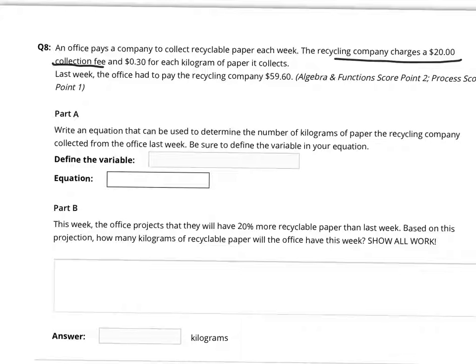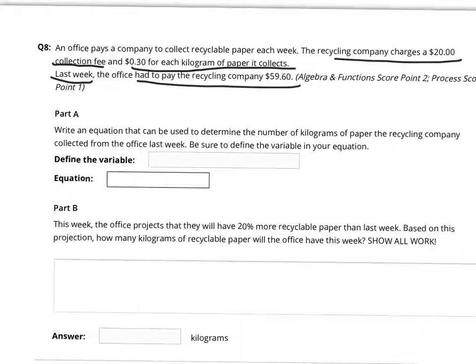I'm not doing a real good job here drawing my lines. Be careful when you draw your lines. Make sure you don't lose your decimal points by drawing those. Last week the office had to pay the recycling company $59.60. So first thing they want us to write an equation.